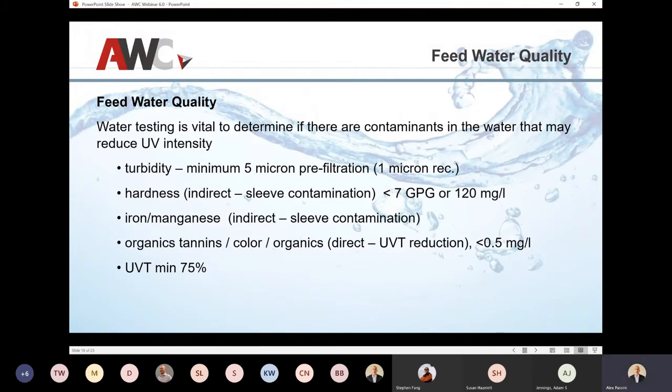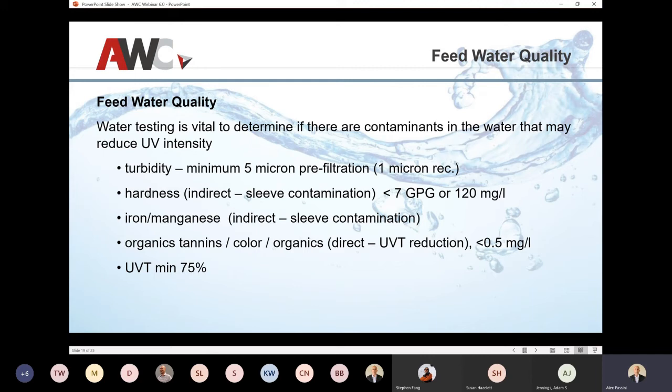So, the feed water quality. Just as we were discussing the ultraviolet transmittance and the importance of UVT, the feed water quality is very important, and the pretreatment is just as important as your UV dose. Things that will interfere with the water, of course, are turbidity. Picture that you've got any kind of turbidity, which is a fancy word for dirt.